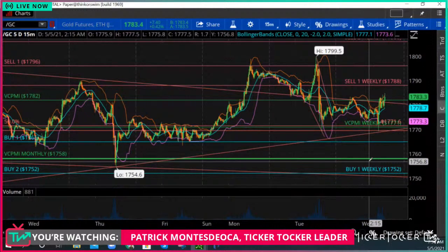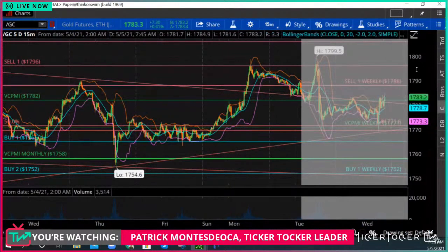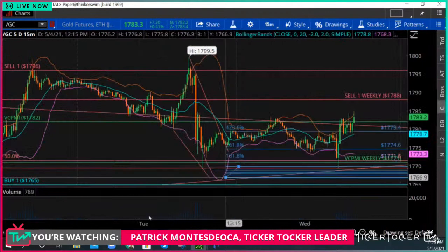I will take a look at it at about 1810 once again. But we are maintaining a long-term core position, and we are using this VCPMI indicator to identify the overbought conditions in the market, the extreme levels above the mean, to be able to place some short-term trades.